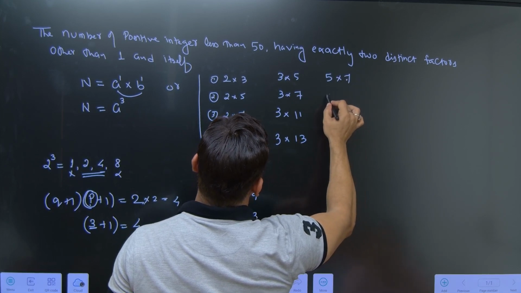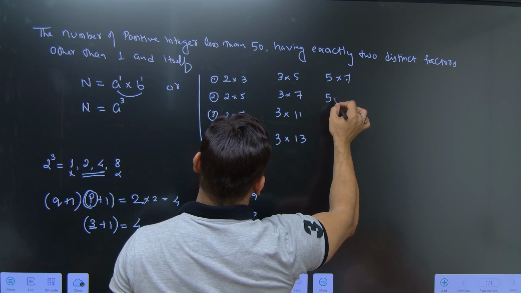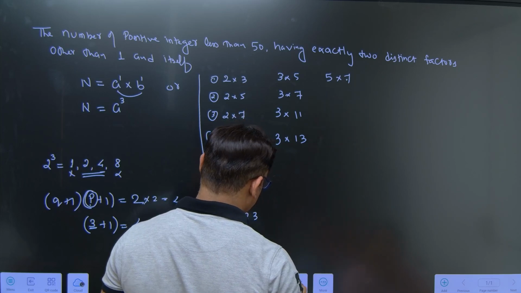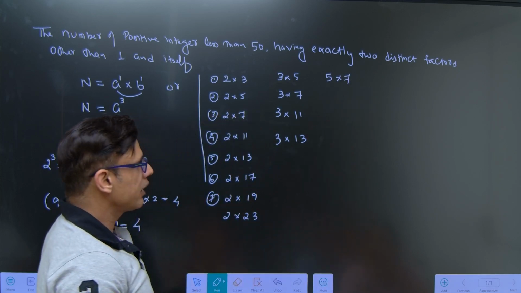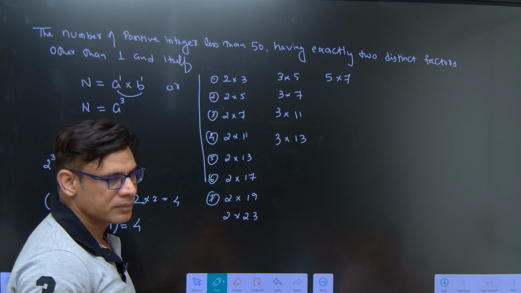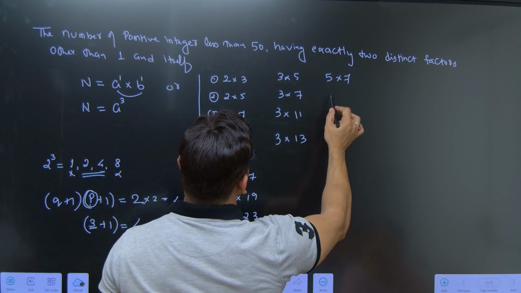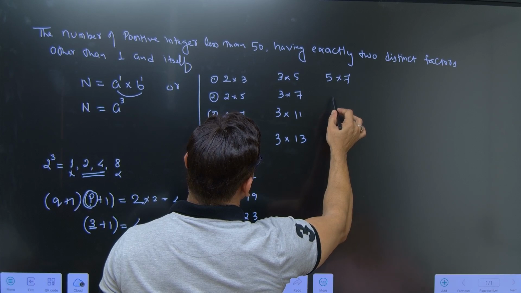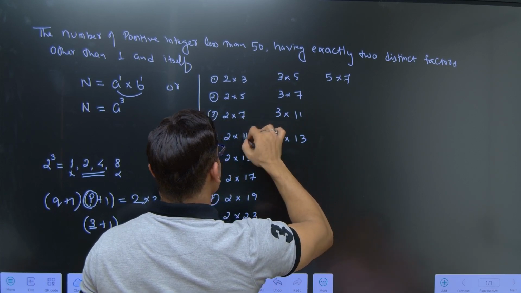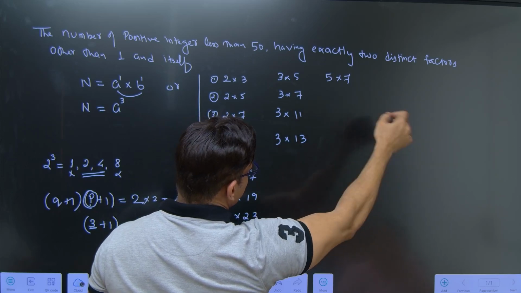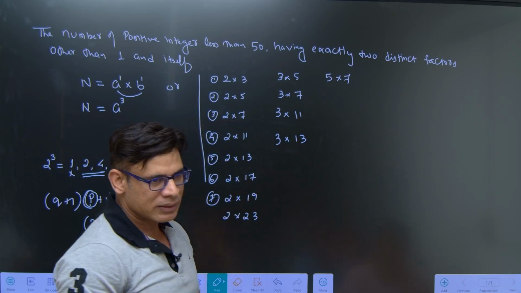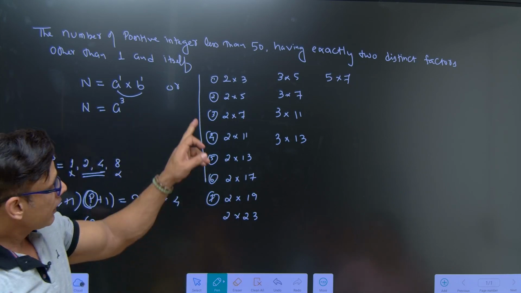It will give you 4 factors. Can we take 5 with 11? No, I cannot. 5 with 7 only. Then 7 should be multiplied with the next prime. So 7 into 11, 77, more than 50. So count this.